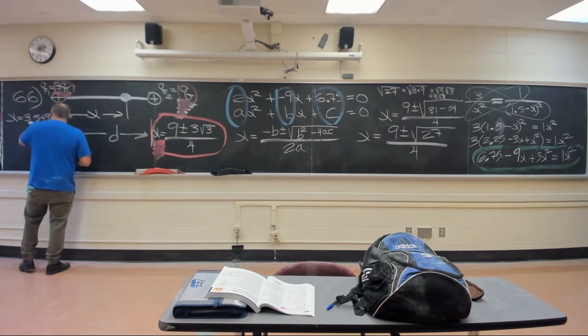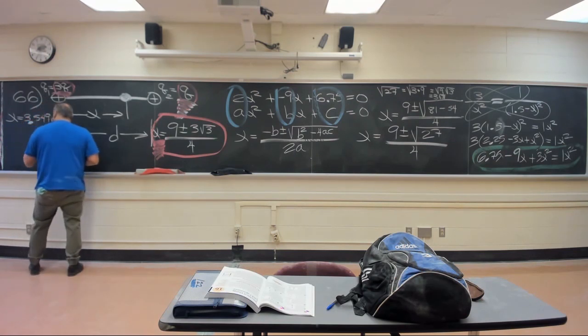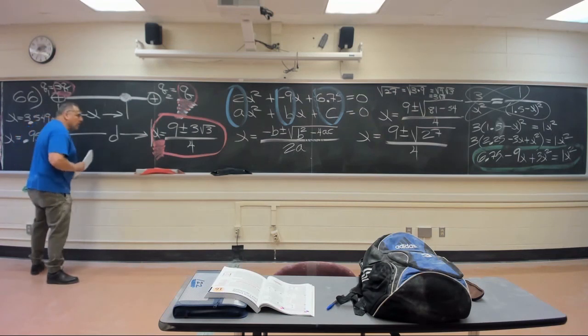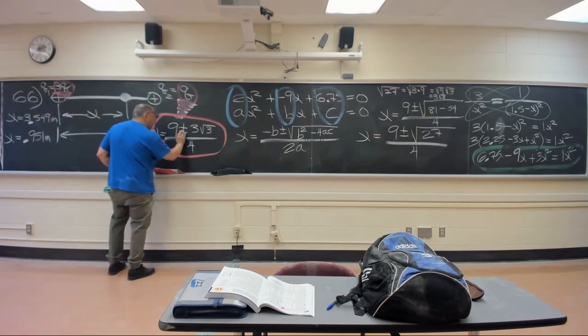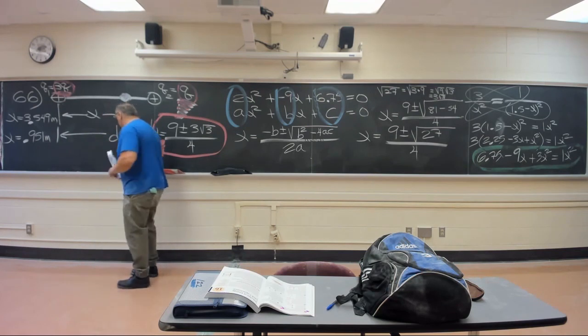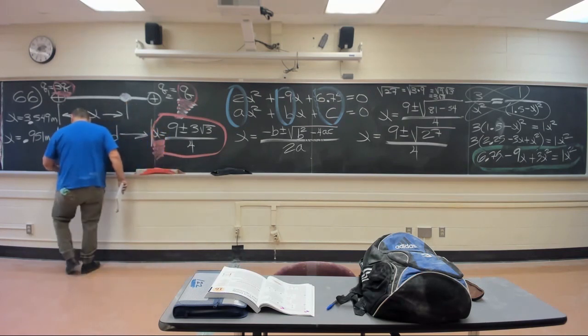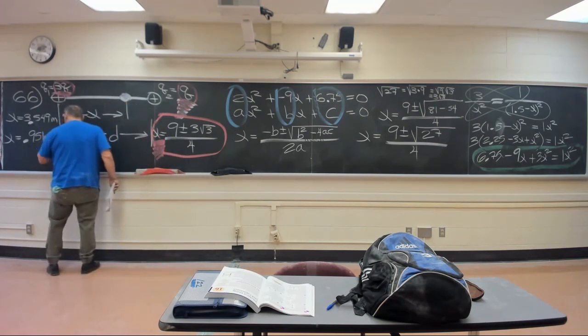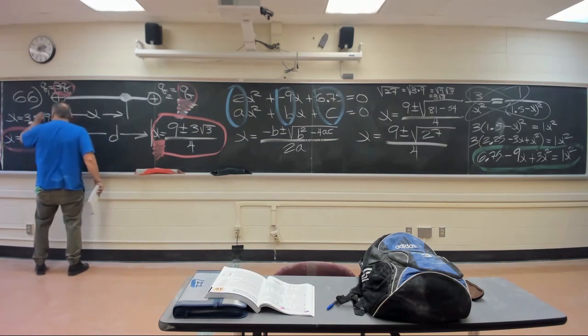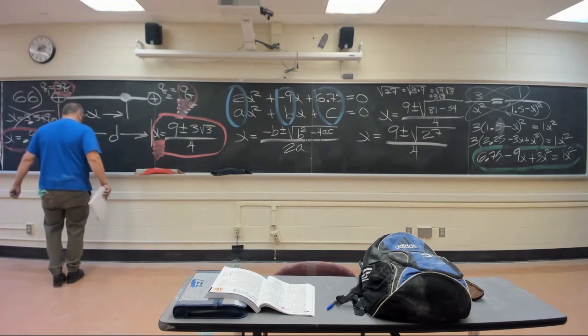That's not acceptable. This is. On the plus side, it's going to be 3.5 something. On the minus side, it's going to be 0.951. And that one works. This one does not. Got to throw it out.